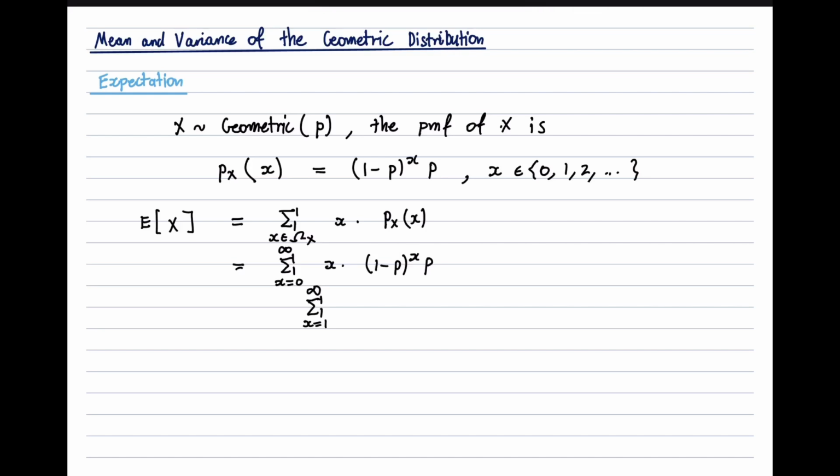The other thing that I'm going to do is take a factor of p outside the summation sign. And I'm going to do one more thing: I'm going to take a factor of 1 minus p outside the summation sign. We can do that again because these particular values are not dependent on the index of the summation. So that leaves us with x times (1 minus p) to the x minus 1.